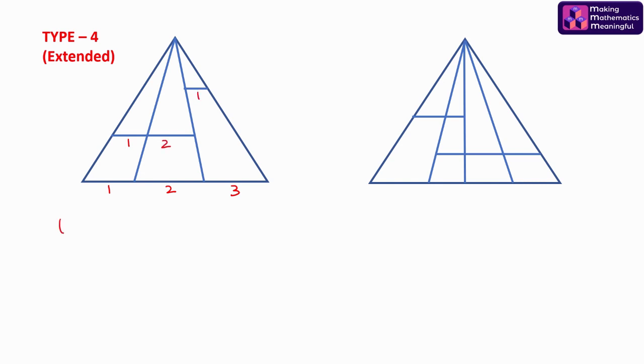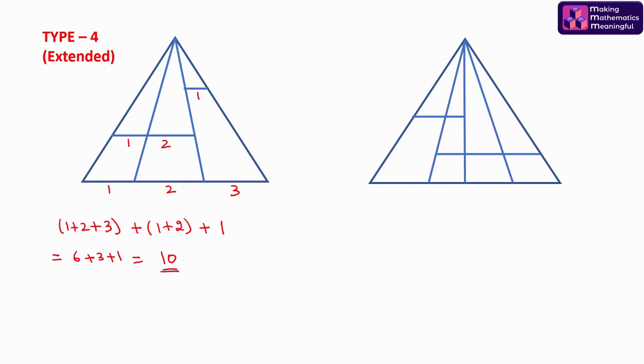So the total number of triangles would be the sum 1 plus 2 plus 3 from this horizontal line. From the next line it is 1 plus 2, and then finally from the top it is equal to 1. So the total number of triangles, 6 plus 3 plus 1, amounts to 10.